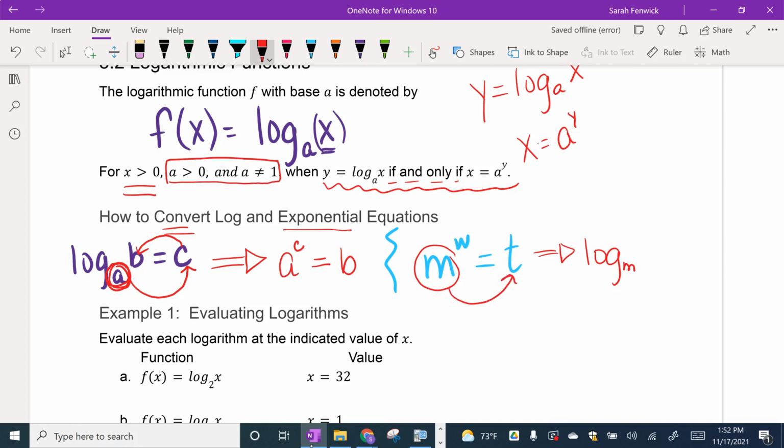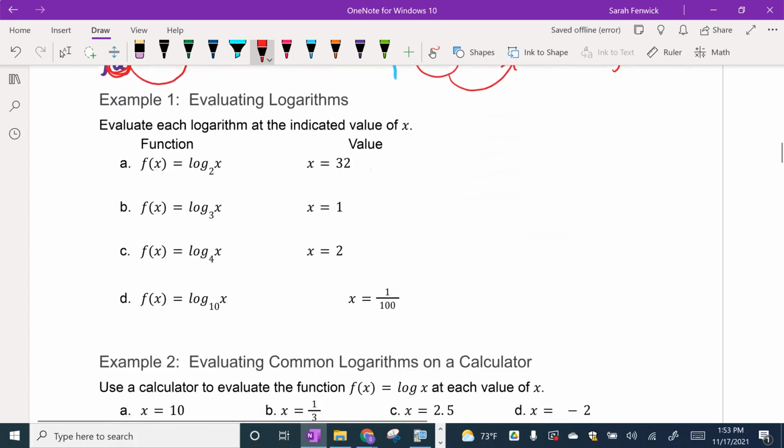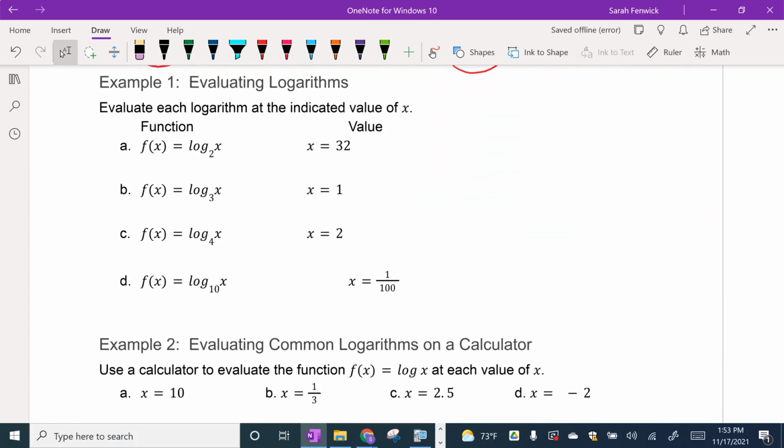Spiral around, m, argument t, equals w. Now, in the next part of this, we're going to evaluate logs the same way we did our exponentials. So we're going to plug in 32 where x is. So f of 32 equals log base 2 of 32.